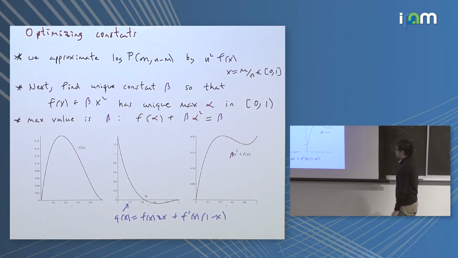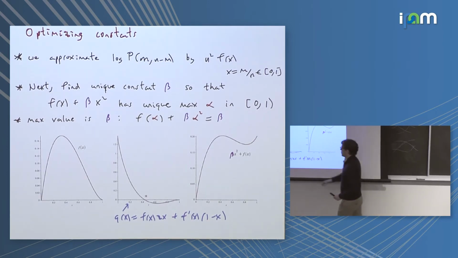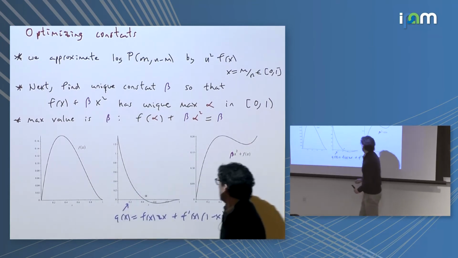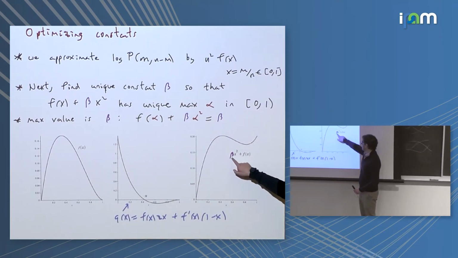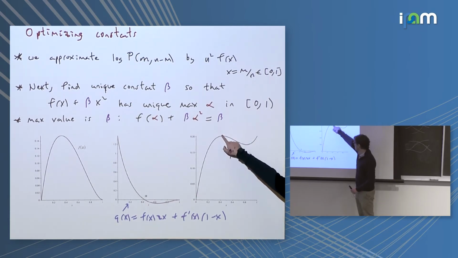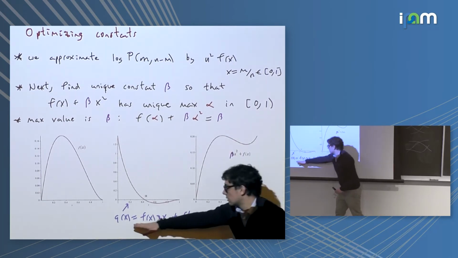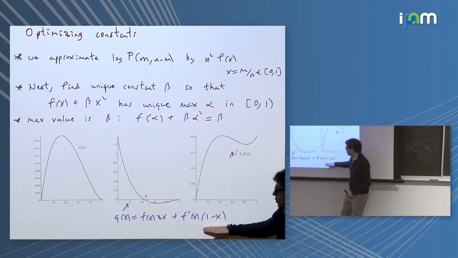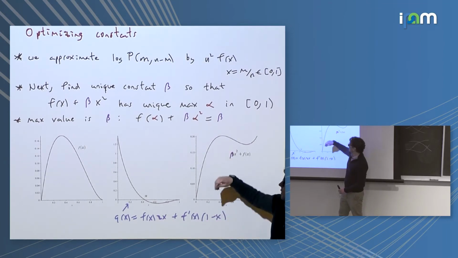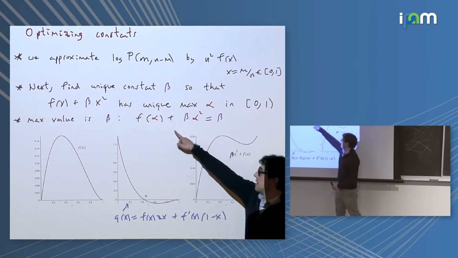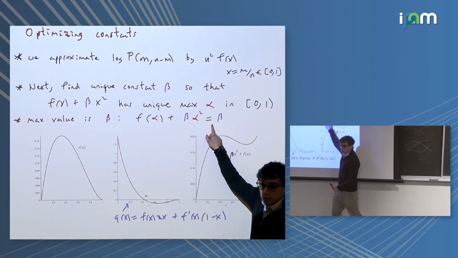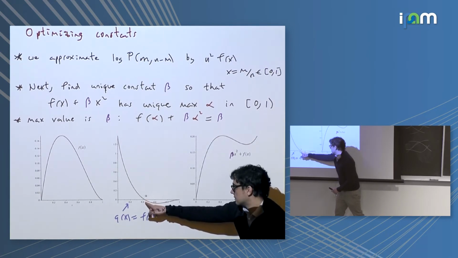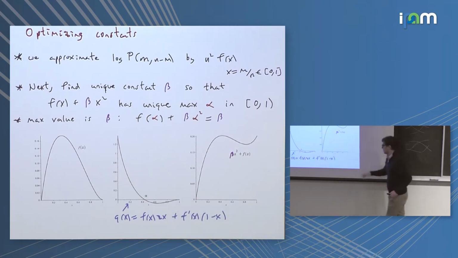So here we have the function f, and here we have the function f(x) plus beta x. The maximum of this value is beta, which is 0.20 something. This is the auxiliary function we need, so that we have a unique maximum and the maximum value is actually beta. And then alpha is 0.4 something.